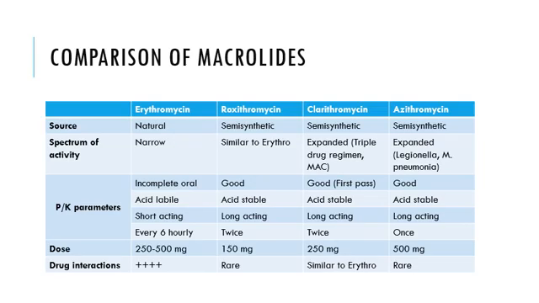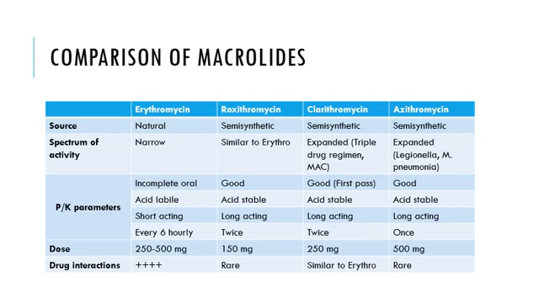Regarding the duration of action, erythromycin is shorter acting, and that's why it has to be given every 6 hours. Roxithromycin can be given twice daily, as can clarithromycin, while azithromycin is very long acting and hence once daily administration is possible. The usual dosage range for erythromycin is 250 to 500 milligram every 6 hours, roxithromycin 150 milligram twice daily, clarithromycin 250 milligram twice daily, while azithromycin 500 milligram once daily.